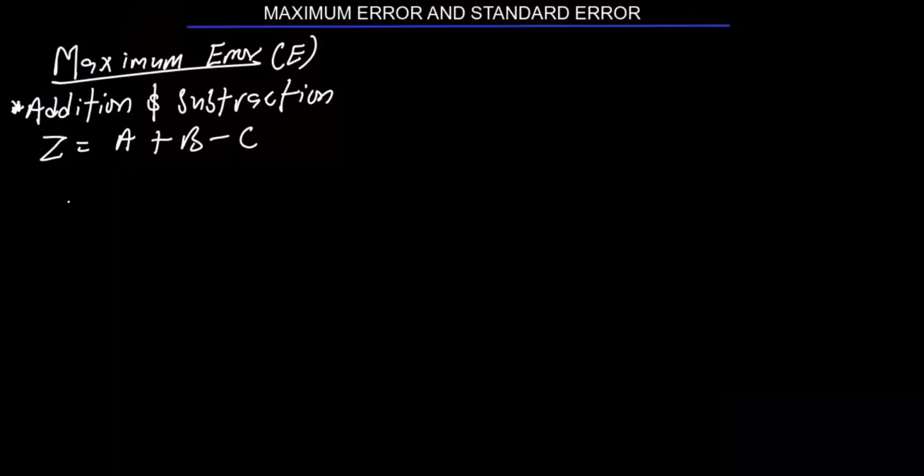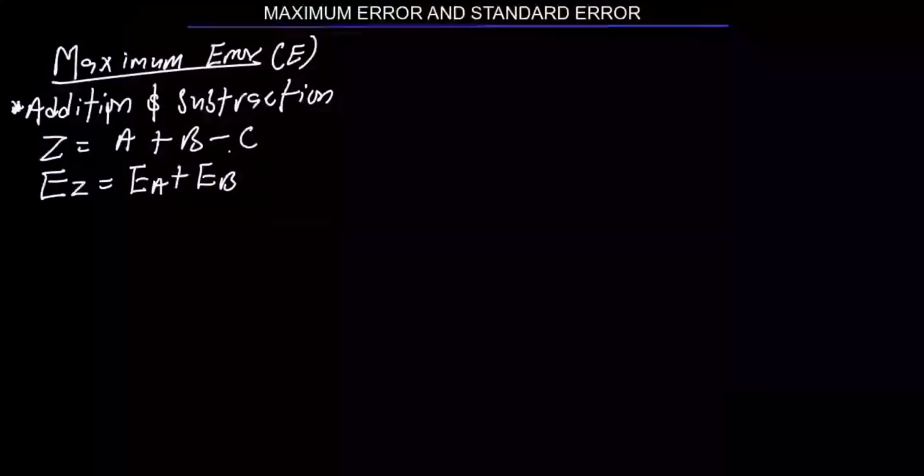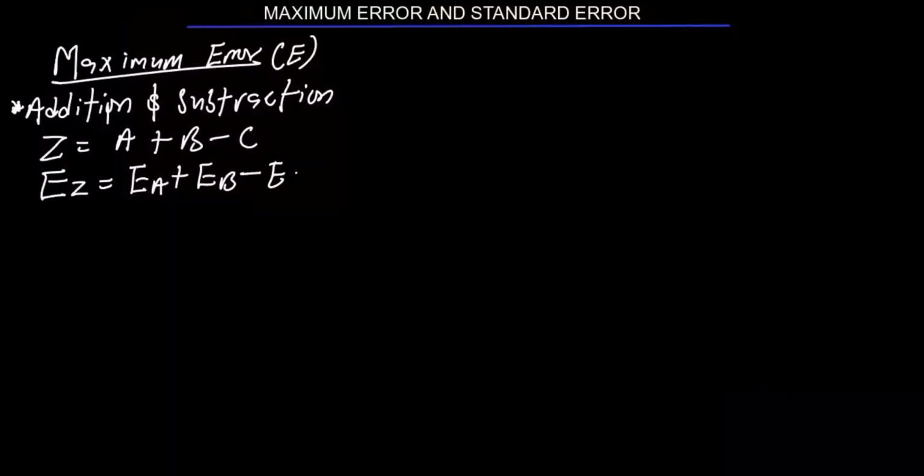Take note of the fact that to get the maximum error in Z, we are going to sum up the errors in each of them. So error in Z equals error in A plus error in B plus error in C. I know it will be tempting to say minus error in C, but take note of the fact, we don't subtract errors, we add errors together.